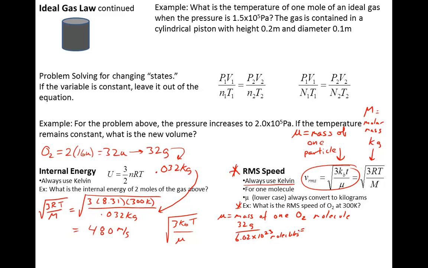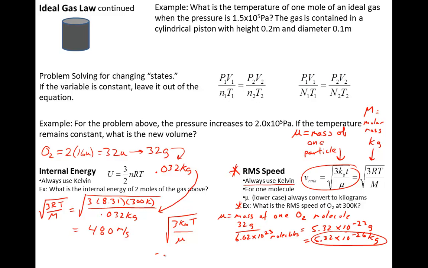And I find that per molecule, I get 5.32 times 10 to the minus 23rd grams, which is actually equal to 5.32 times 10 to the minus 26 kilograms, because I've got to convert from grams to kilograms. So this is the value that I will be using in my equation.